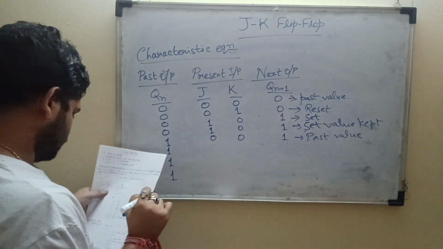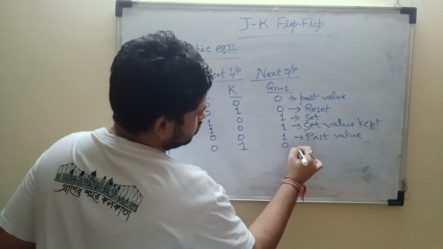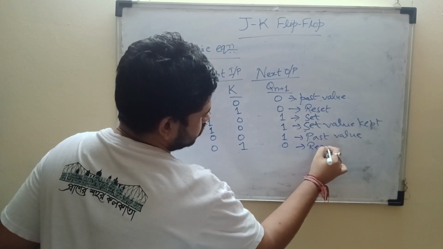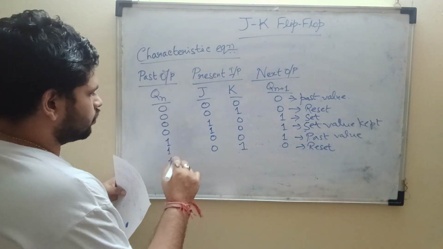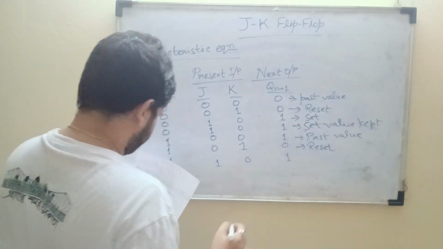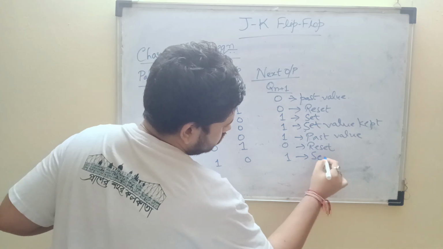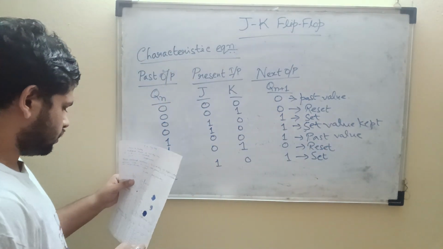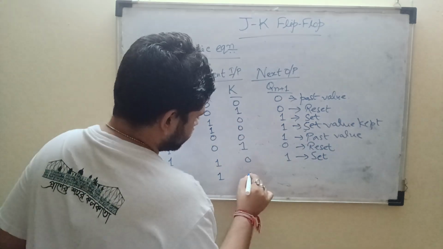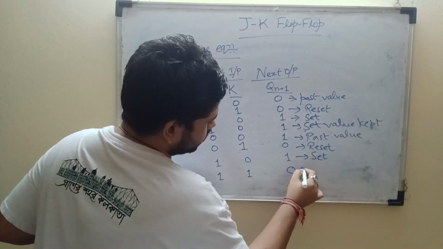When it's 0 1, it becomes 0, so it is the reset condition. When it is 1 and 0, it again becomes 1, which is the set condition. And when both the inputs are 1, then it gives its complement.